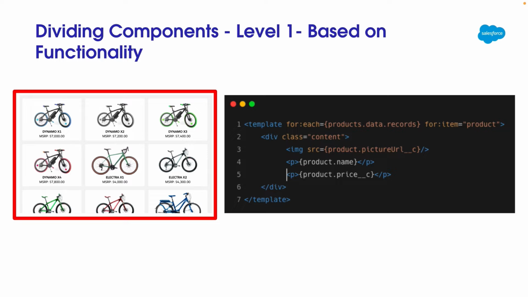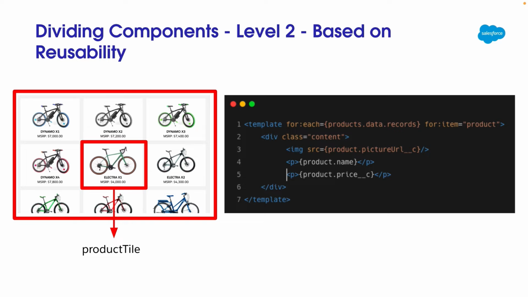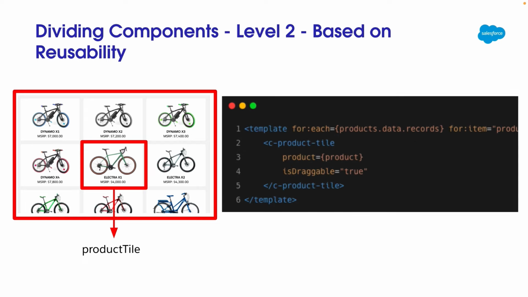Now the second level that you should think of is that in this specific code, the product tile could be reused for this component and also wherever you need the product tile details. So we can extract that as a component called product tile, and now we are using the product tile component instead of repeating the markup.